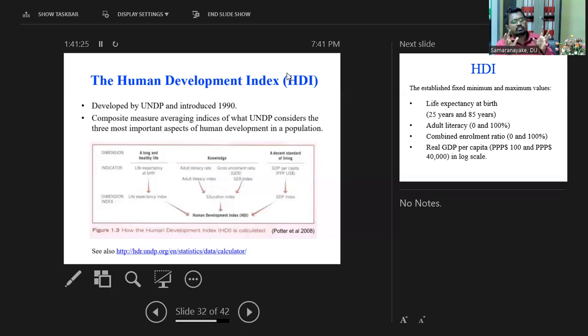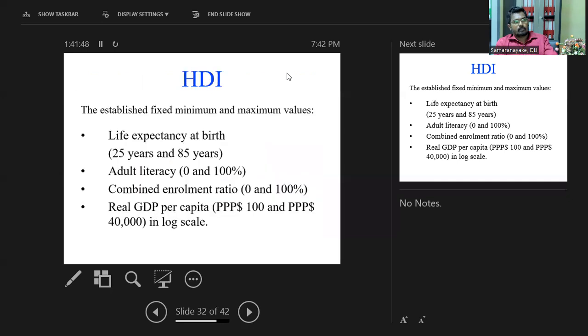So they are using these 3 indexes all together in a composite manner. I will show you how they do it to develop this HDI, the Human Development Index, which UNDP introduced in 1990 to measure human development.